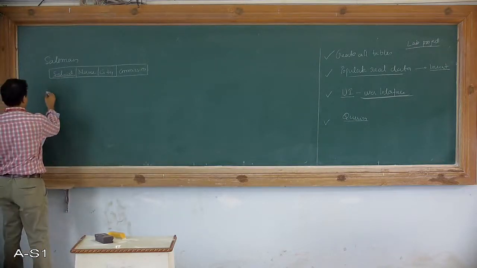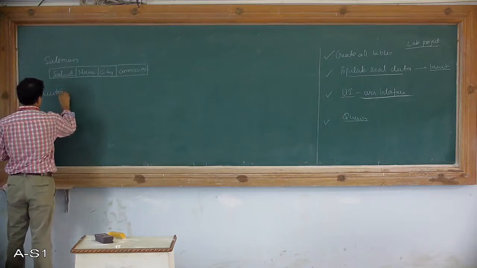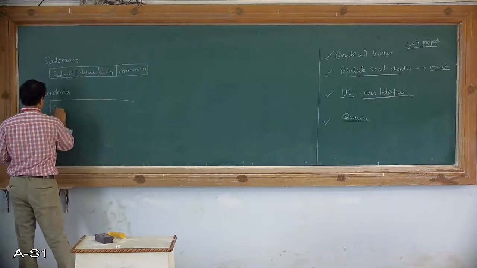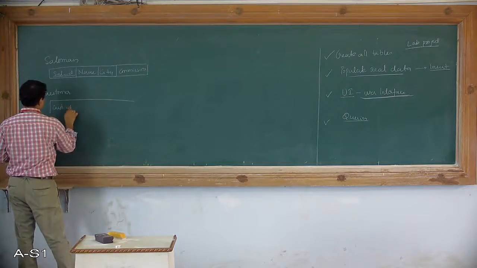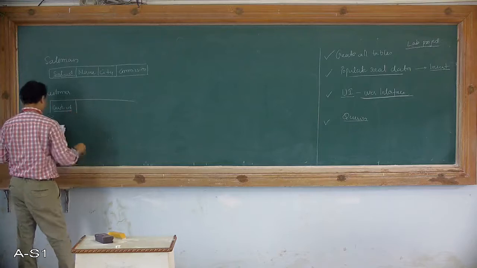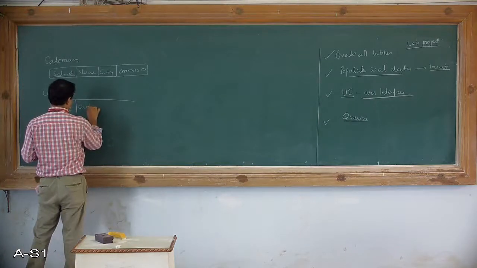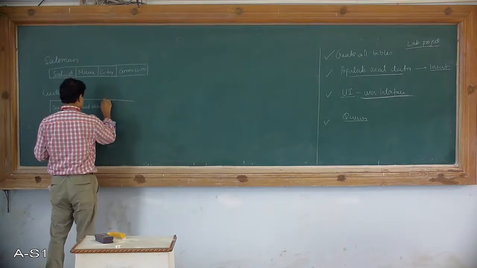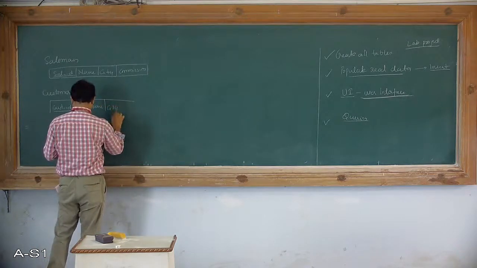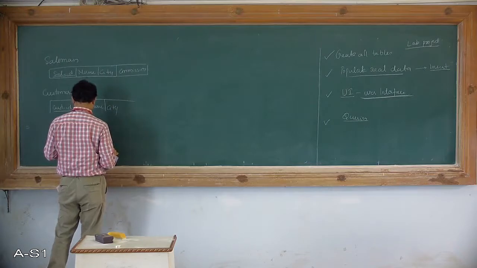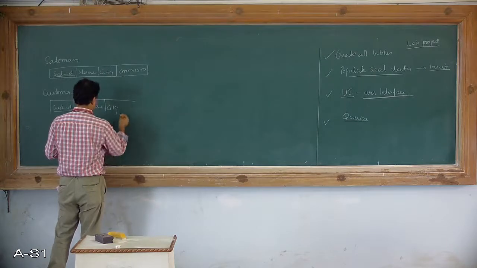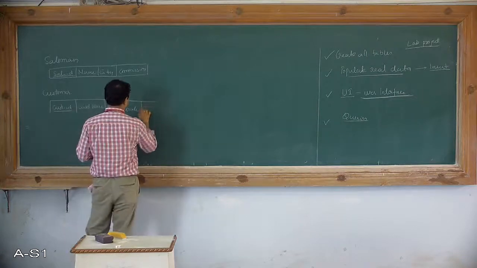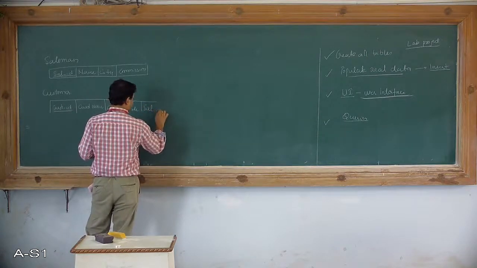The second table is customer. Here we have customer ID as the primary key, then customer name, then city, then grade, and then salesman ID.